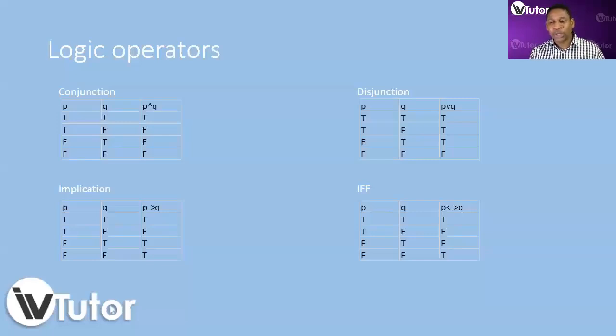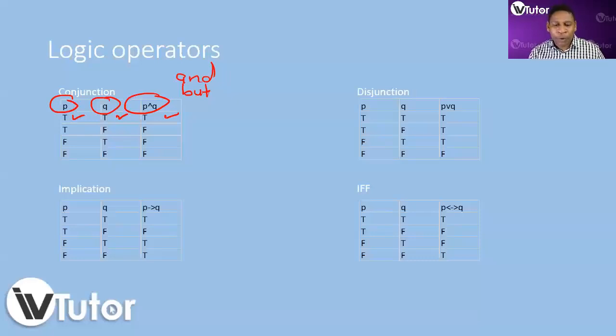The first one is conjunction. The conjunction says, if I'm given two statements, P and Q, and I know P is true and Q is true, then the conjunction of the two, P and Q, should be true. I identify the conjunction by the words "and" and "but."